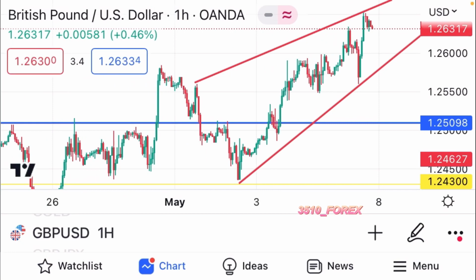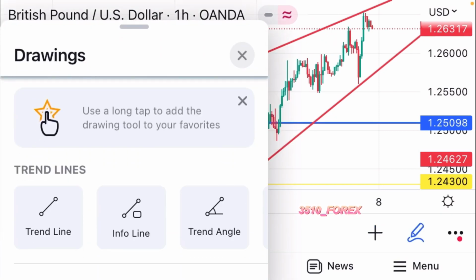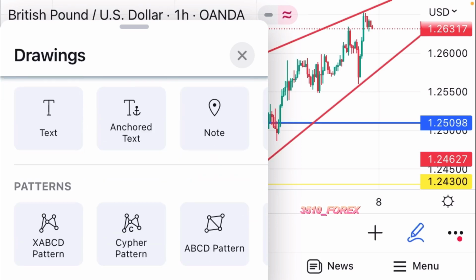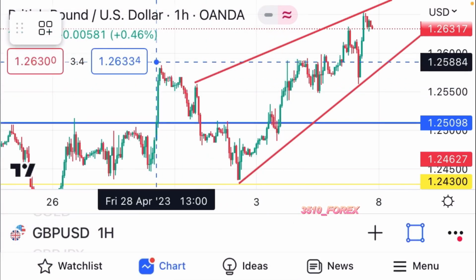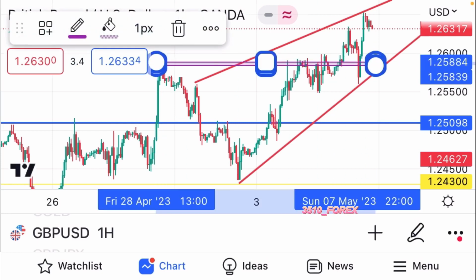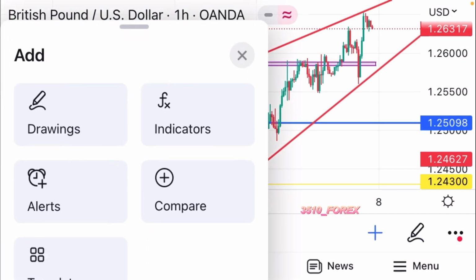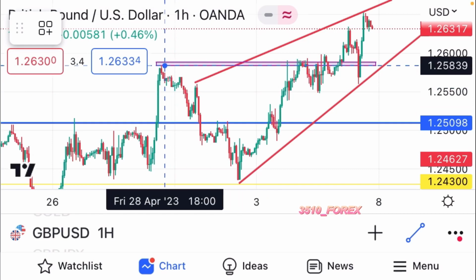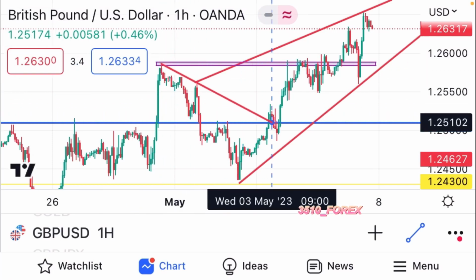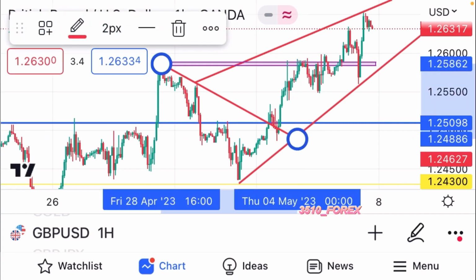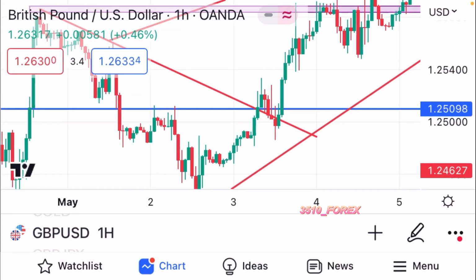So before we see what we have, let's see what we had before. We had this little resistance right here, and let's check on this little resistance if there was a confirmation for a buy. So we had our touch 1 right there, and our touch 2, and on our touch 3 there was no confirmation.